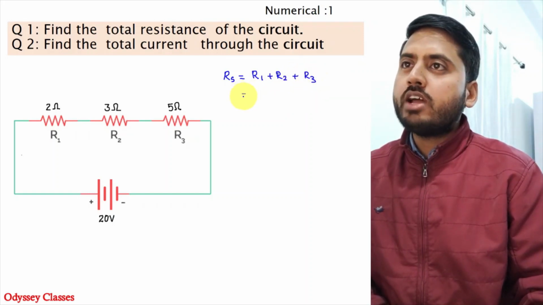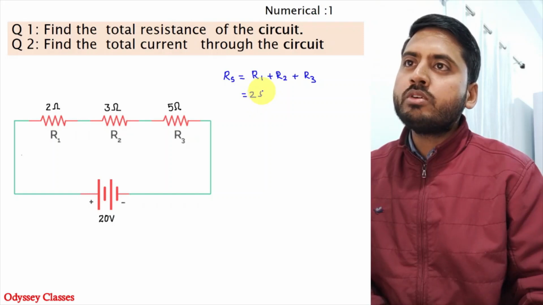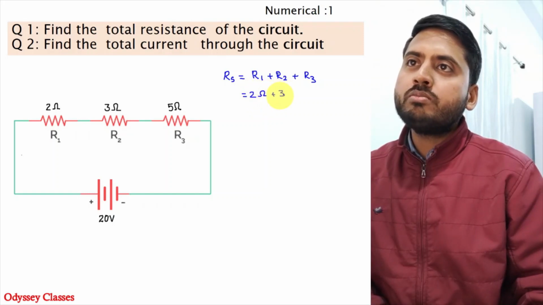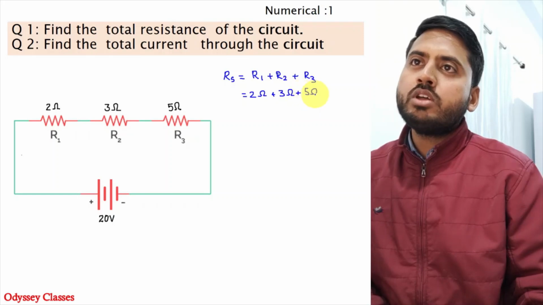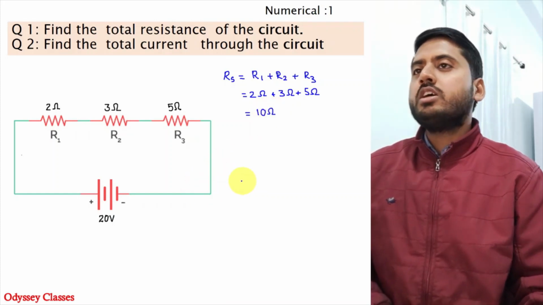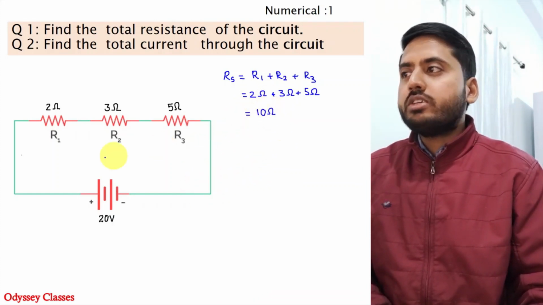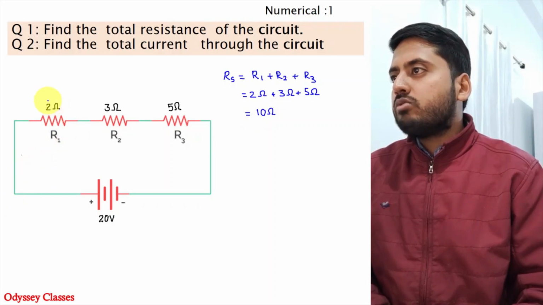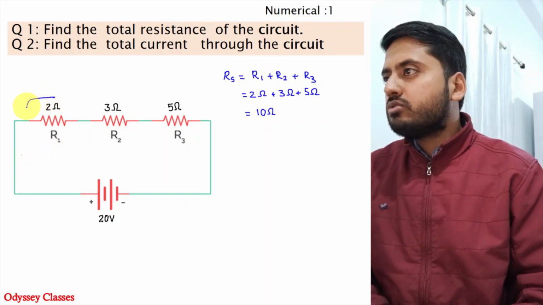We can put the values from the question. This is 2 ohm plus 3 ohm plus 5 ohm. If we add them up, 2 plus 3 plus 5, that is 10 ohms. This is the equivalent resistance. Now, what do I mean by this?